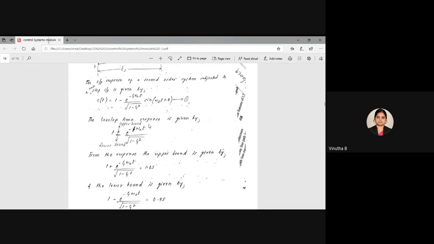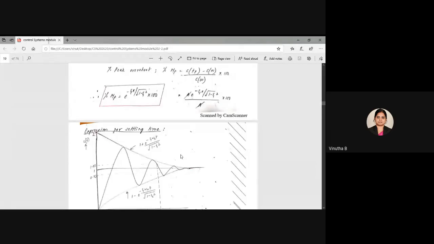So the envelope of the time response is given here. You can see the upper envelope and the lower envelope is considered. And this is the final value, which is 1, with a tolerance level of plus or minus 5% is 1.0. For the upper envelope it is 1.05, and for the lower envelope it is 0.95.